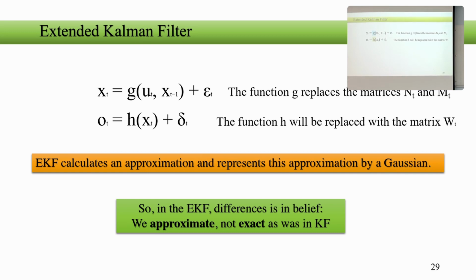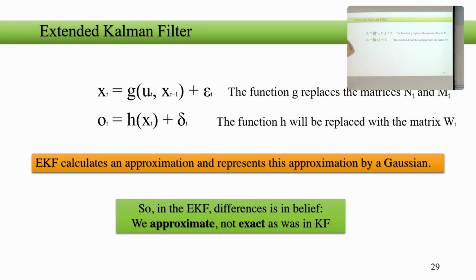So if you have a look here, the idea is that xt and ot, like the pose and observation, we want to rewrite them in a form where we don't have the linear matrices that we used in Kalman filter.